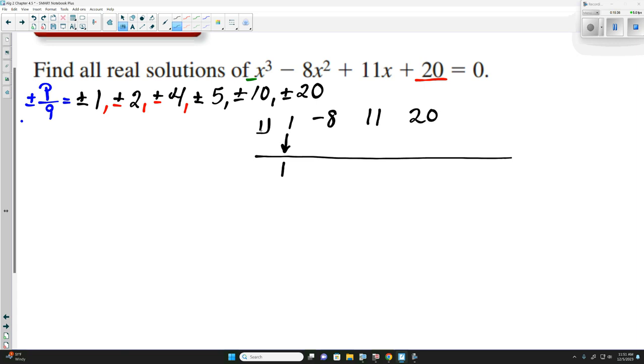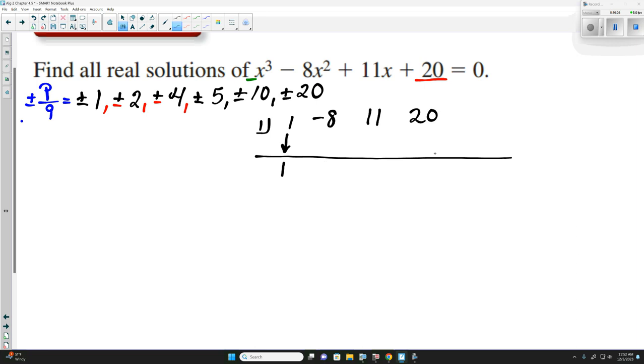So let's do this. 1 times 1 is 1, negative 8 plus 1 is negative 7. 1 times negative 7 is negative 7, 11 plus negative 7 is 4. 1 times 4 is 4, 20 plus 4 is 24. Is that the remainder that we wanted? No. So is 1 a solution? No. Okay.